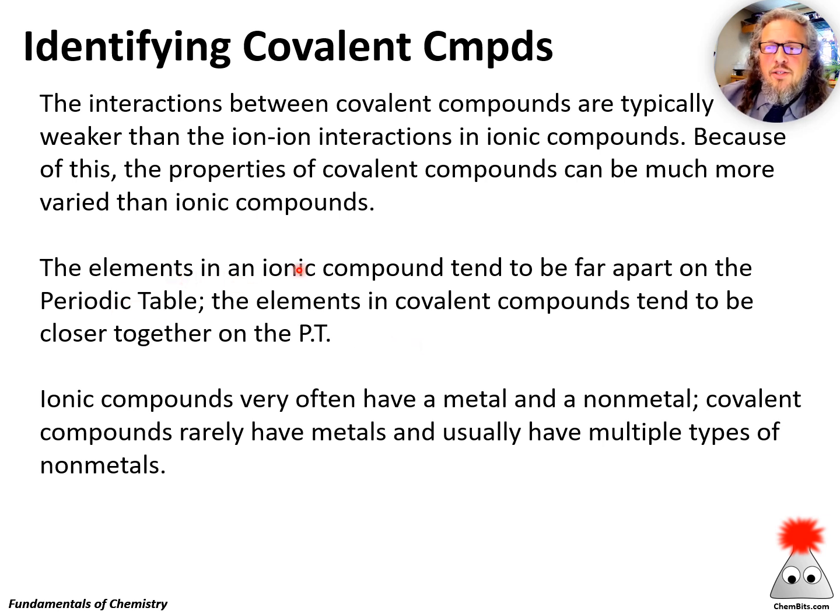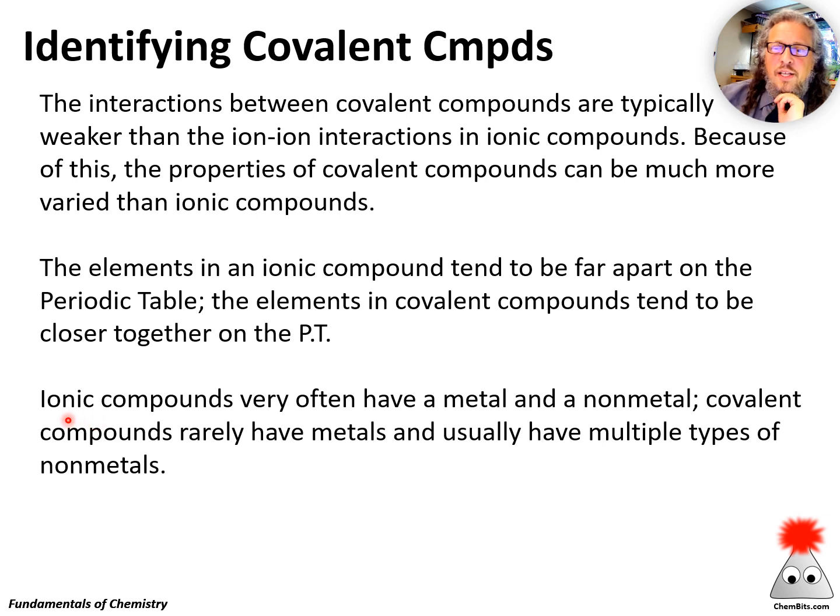When we're looking at the elements involved in a covalent compound on the periodic table, covalent compounds tend to have elements that are closer together. So we said that an ionic has very far apart elements on the periodic table. Covalents, if the elements are closer together, they're more likely to form a covalent bond.